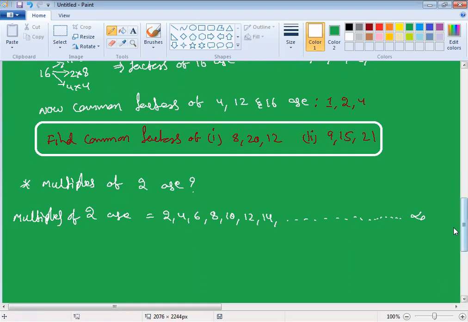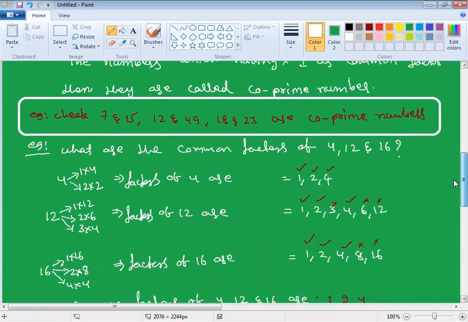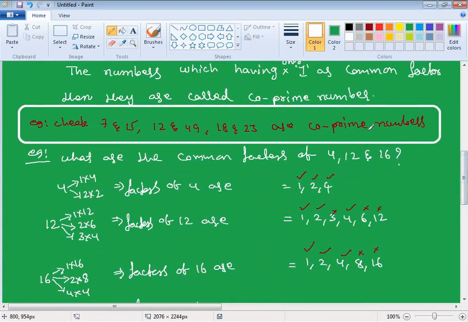And if you observe the factors when you write them, how many factors do you have here? 3. Here 1, 2, 3, 4, 5, 6. Here 1, 2, 3, 4, 5. The factors of any number are always finite, not infinite.